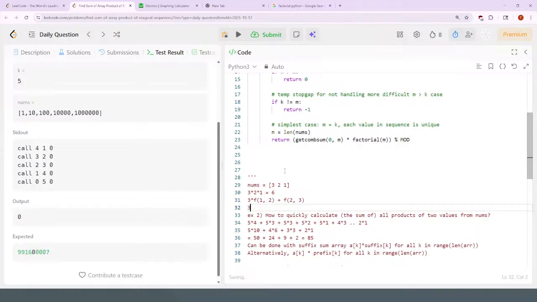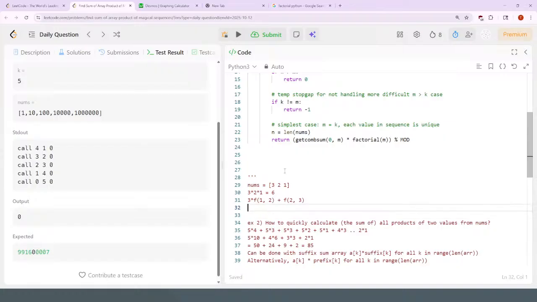So this is f of 0, comma, choose 3. And then f of 1, comma, choose 2, starting index 1, choose 2. So 2 times f of start index 2, choose 1, plus, this should be impossible.